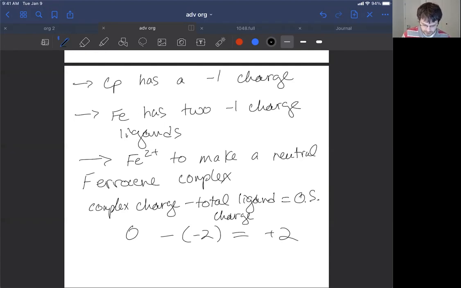So if we look at Fe2+, which is the iron that we had in our ferrocene, which we said had 18 electrons and an oxidation state of +2, we would say the neutral atom has 8 electrons. That's its group number.